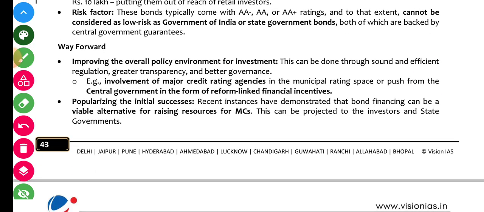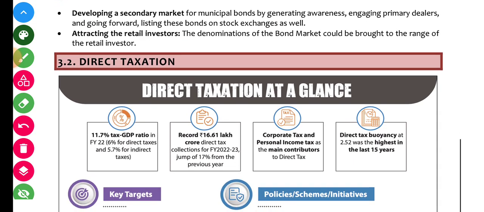Keep this in mind. What are the way forwards to tackle the municipal bond crisis? Improving the overall policy environment for investment, like involvement of major credit rating agencies, and central government reform-linked financing incentives for the push. Okay, popularizing the initial successes, like bond financing can be a viable alternative for raising resources for municipal corporations. So keep this in mind.